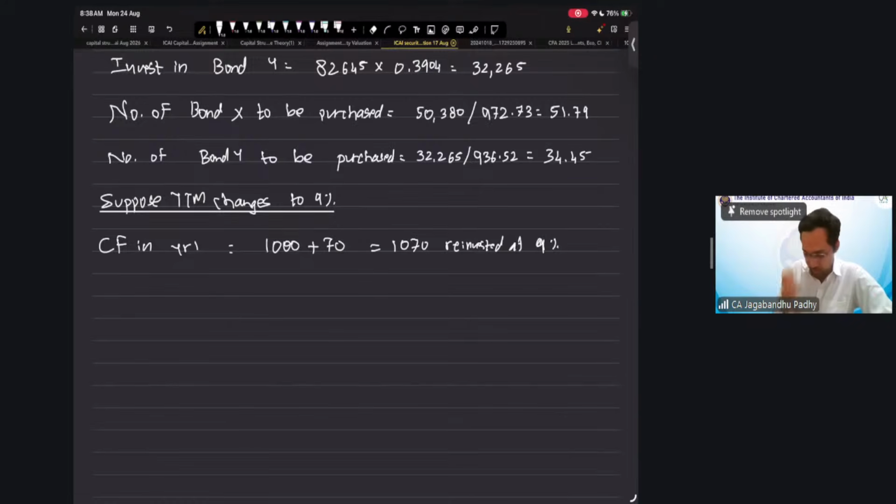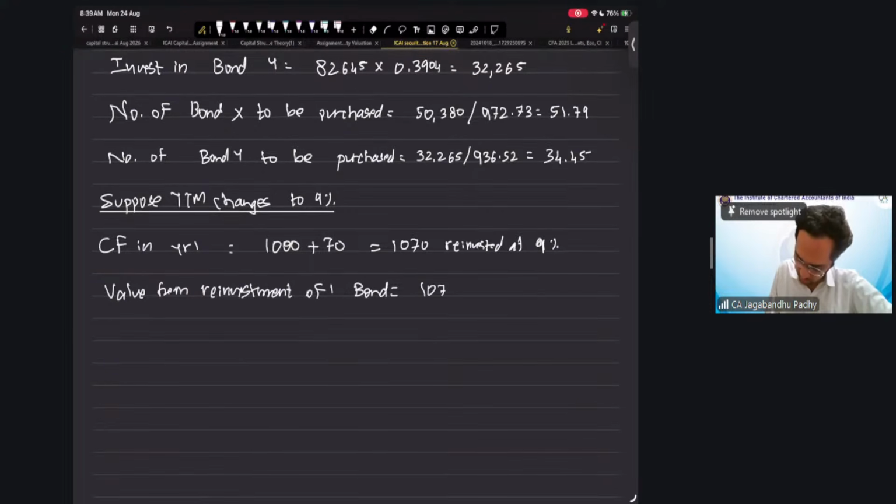Reinvested at 9%. So the value from reinvestment of one bond X will be 1070 into 1.09.